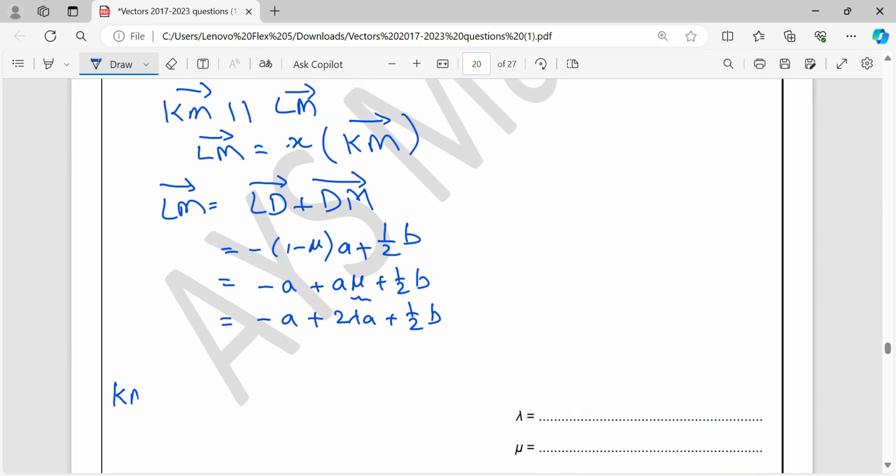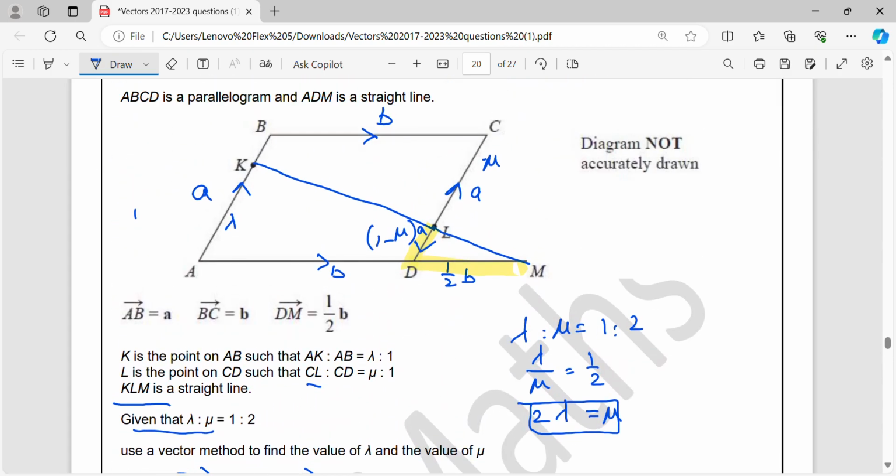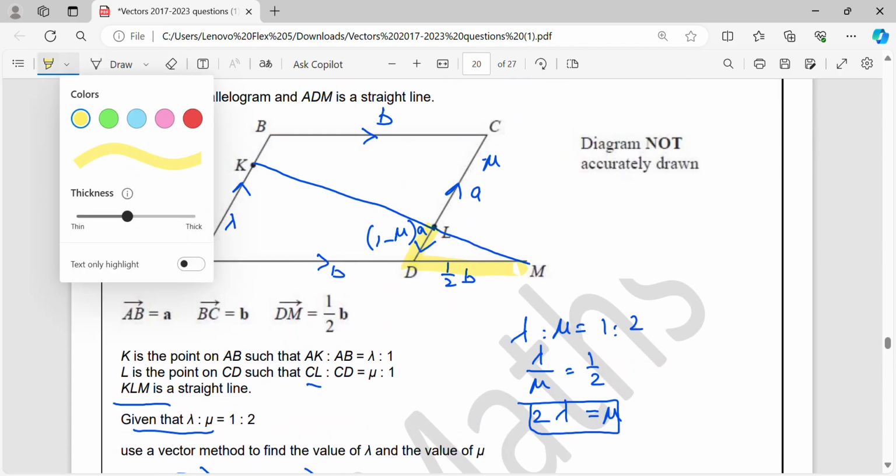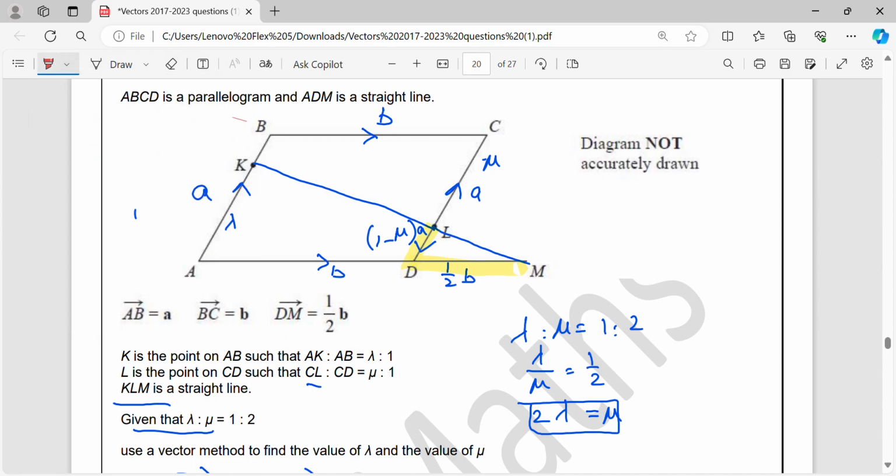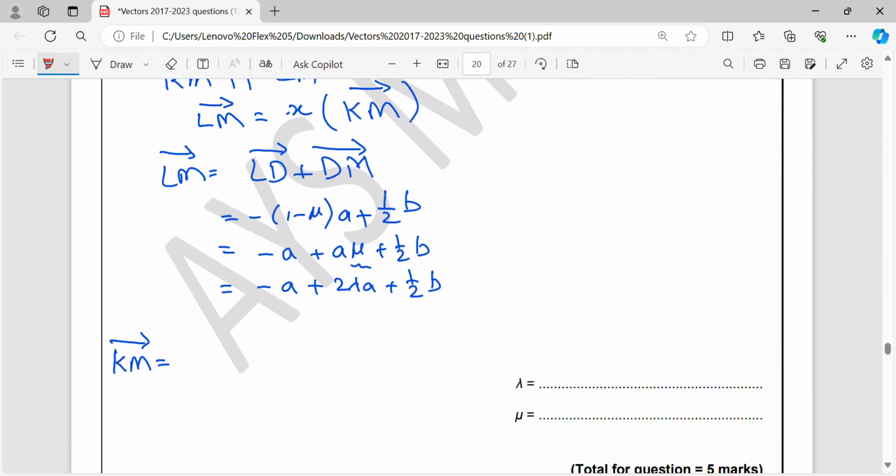Now I can find out KM. Let's highlight the route for KM. KM is KA plus AM, and KA is in the opposite direction, so that is negative lambda a.